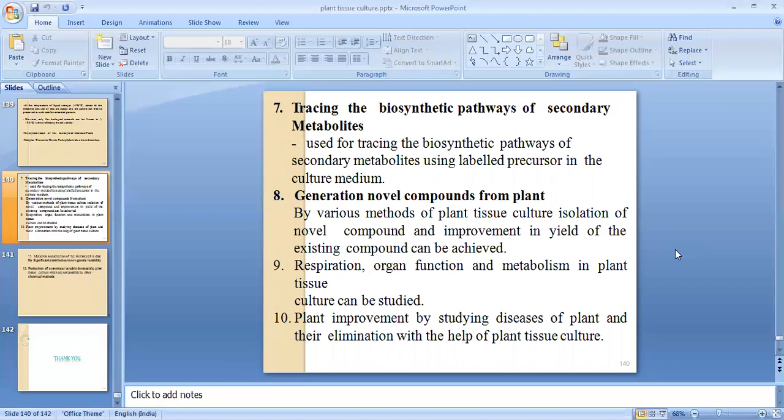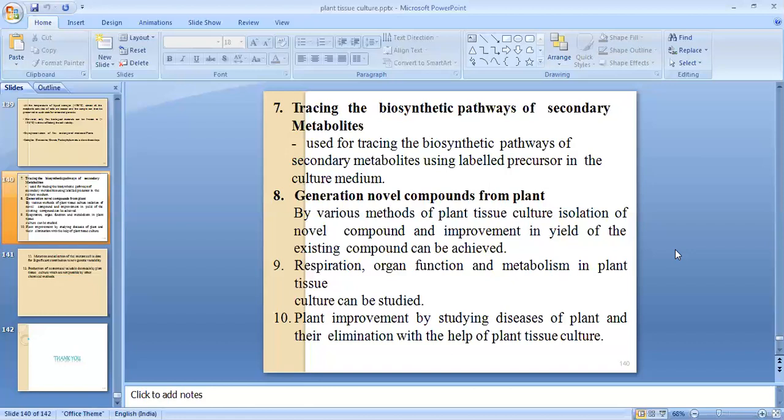Each and every component is formed in the plant from one starting material through many steps into the final product. For example, reserpine is an indole alkaloid. The starting material is tryptophan, and from tryptophan, through many reactions, finally you get the compound reserpine.